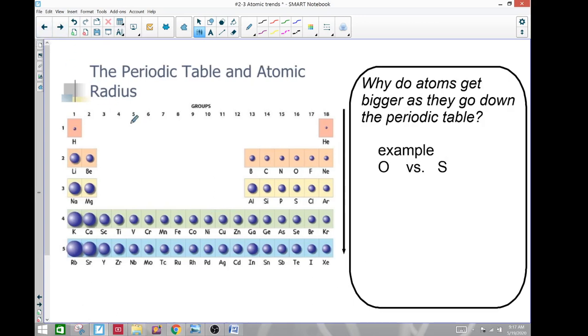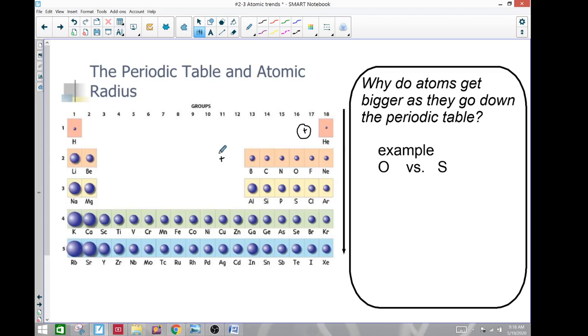All right, so here we go. First off, why do atoms get bigger as they go down the periodic table? For this example, we might draw a Bohr diagram. Oxygen, for example, is right here, and sulfur is located here. You can see that sulfur is bigger, but why? It turns out that the rows of the periodic table represent the number of energy shells.